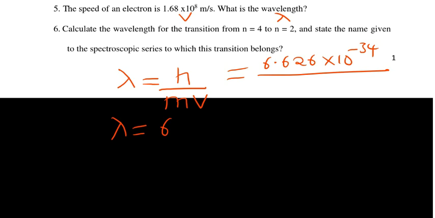Are we given the mass in this case? The mass is not given, so we're going to use the mass of an electron instead, which is a constant, multiplied by the velocity, which is 1.68 times 10 to the power 8.